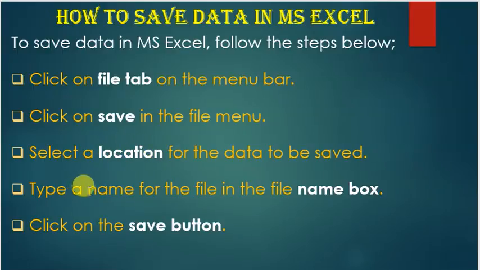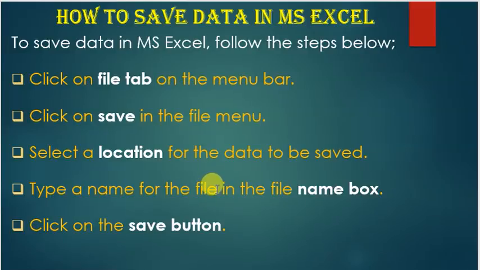Then the next one, you type a name for the file in the file name box. Most of the time when you are saving Excel files for the first time, the default name is Book1. To easily find the file and not misplace it, you just have to give it a unique name, and that name can only be typed in the file name box.